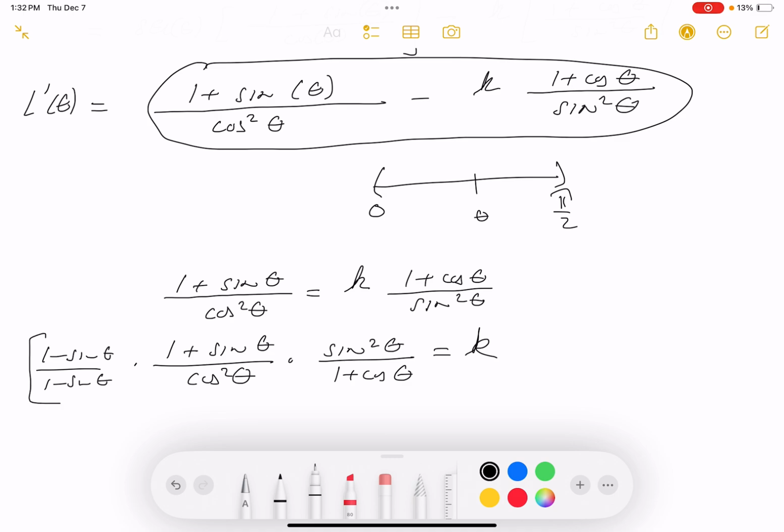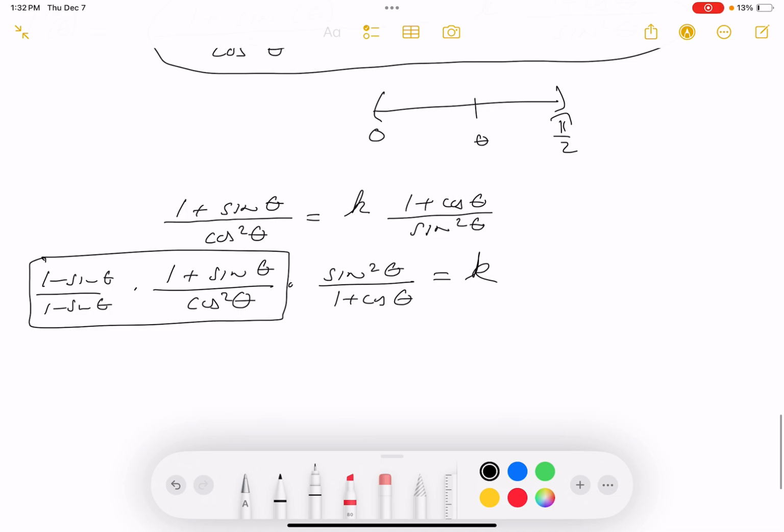I'm associating these two to do that. Well, you're going to get 1 minus sine squared theta over cosine squared theta times 1 minus sine theta, times sine squared theta over 1 plus cosine theta.